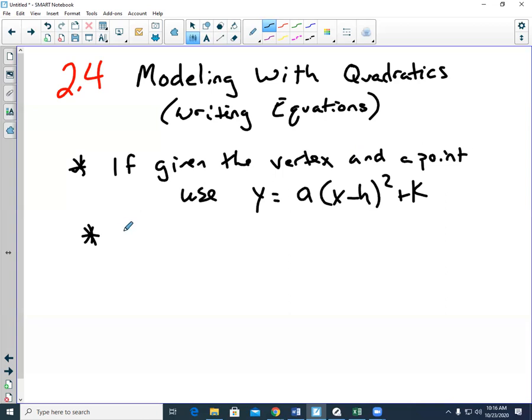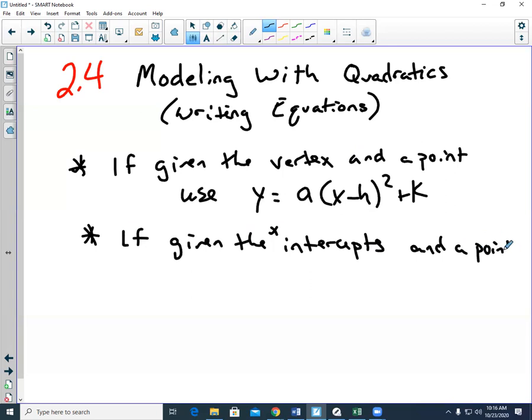The second one is if given the x-intercepts and a point, you need to use intercept form.